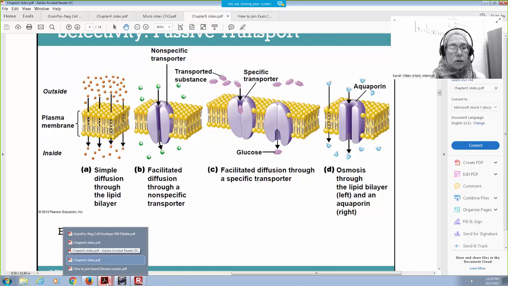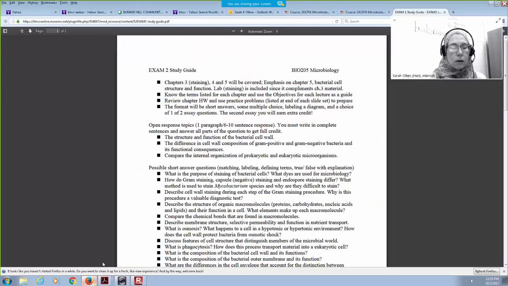So let's go back to the study guide. Remember you're only responsible for part of Chapter 3, just about the different types of stains. We already did gram staining in lab, so review the steps, and the differences between the gram-negative and the gram-positive cells and how they respond to each of those staining steps.